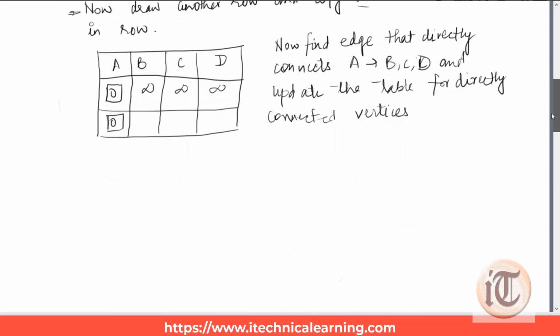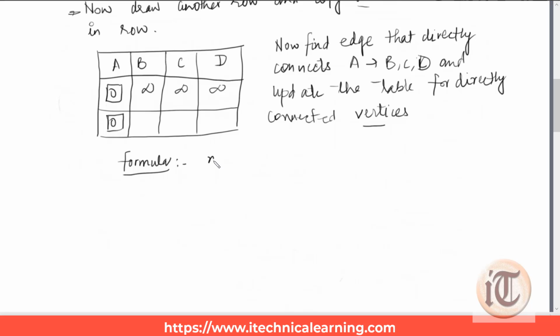Okay, so this step is saying: now find the edge that directly connects A to B, C and D and update the table for directly connected vertices. To update this, we have to use the formula based on the Dijkstra algorithm.